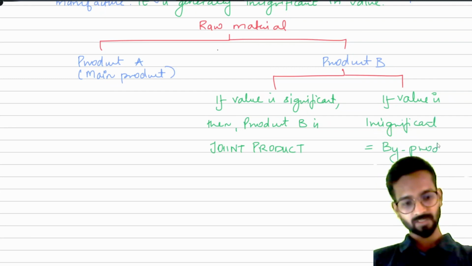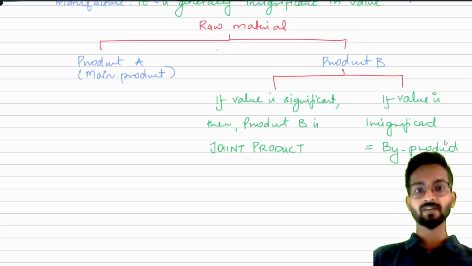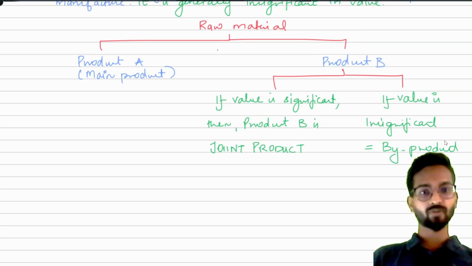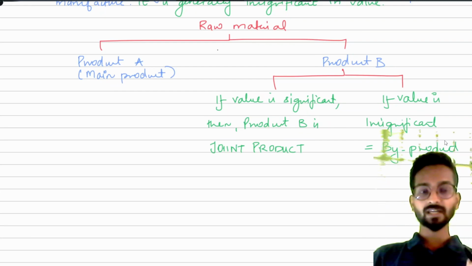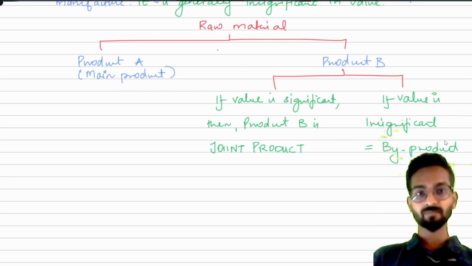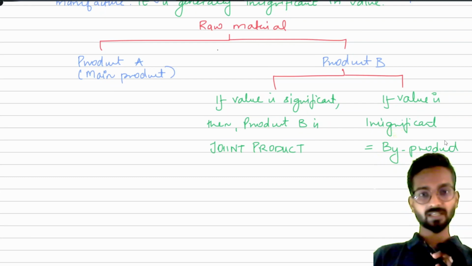In the case of butter and buttermilk, butter costs us 600-700 rupees a liter, but the buttermilk is hardly 30-40-50 rupees. When we were producing cheese and butter, they were both of the same range of rates, they do not have that much gap, but butter and buttermilk have so much gap, so you can say buttermilk is insignificant.